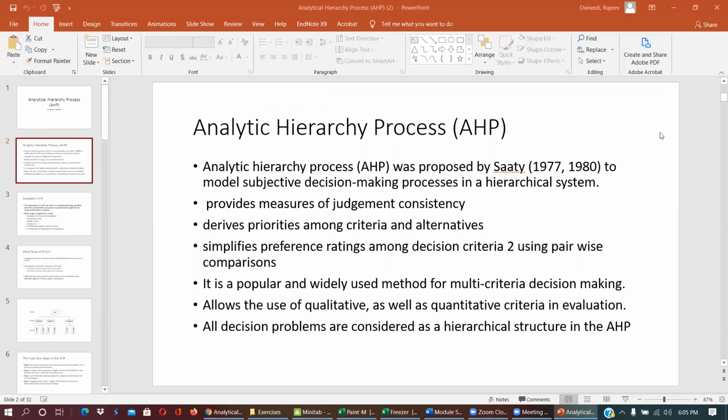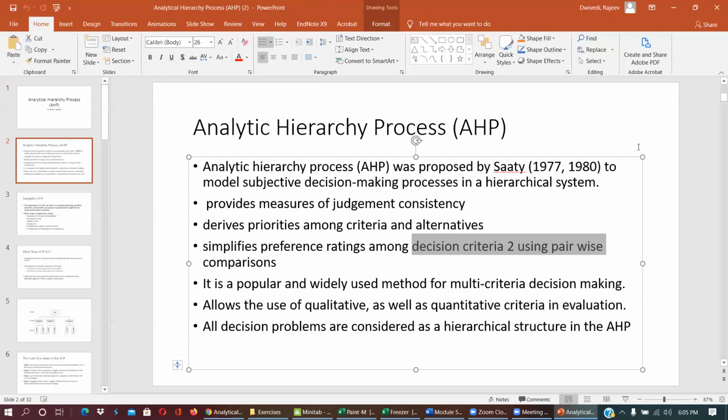It provides a measure of judgment consistency, and it is based on decision criteria using pairwise comparison. So pairwise comparison is the most important part of this method, and it starts with pairwise comparison.